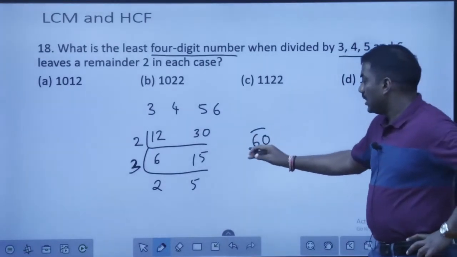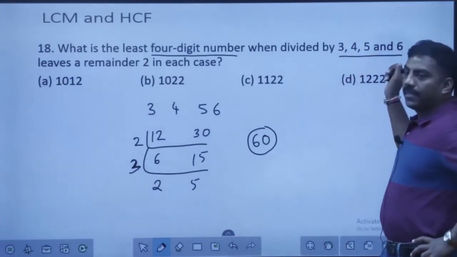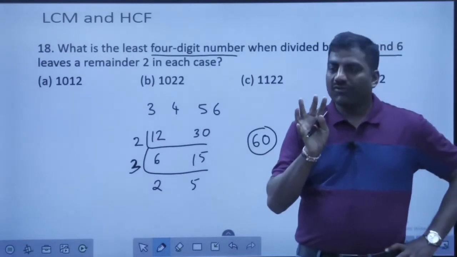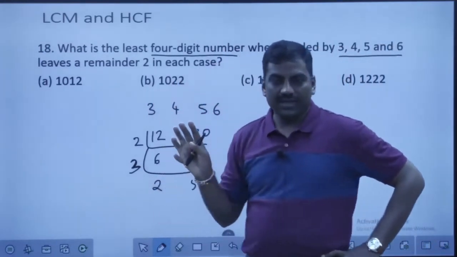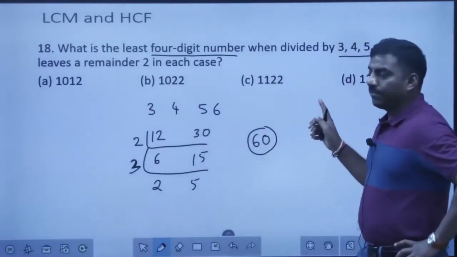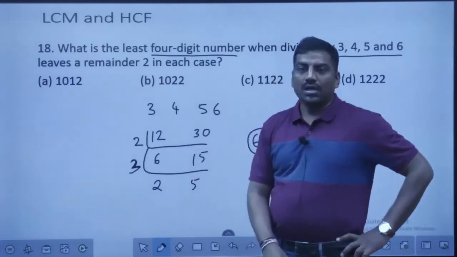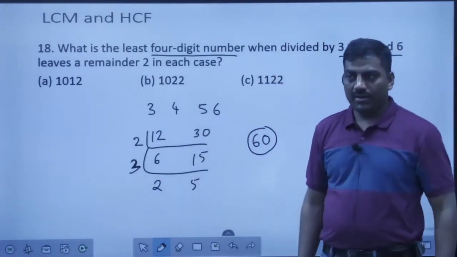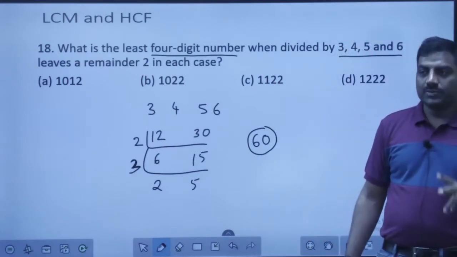60 is what? 60 is the number which can be divided by 3, 4, 5, 6. Yes or no? You can divide 60 by all these numbers comfortably. But they are telling it should leave a remainder of 2. Whenever you divide a bigger number by 3, 4, 5, 6, the remainder must be 2.